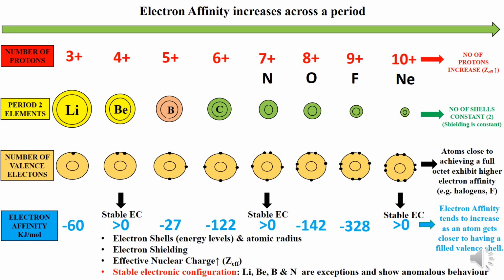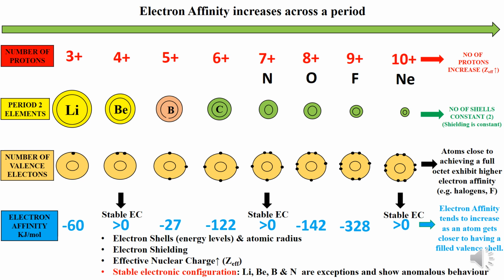Atomic size decreases, effective nuclear charge increases, and as you move across the periodic table, the electron affinity increases. But there are a few exceptions to this shown by lithium, beryllium, boron, and nitrogen. These are the exceptions, and they show anomalous behavior. Why do they show anomalous behavior? I'll explain it later in the video in detail.